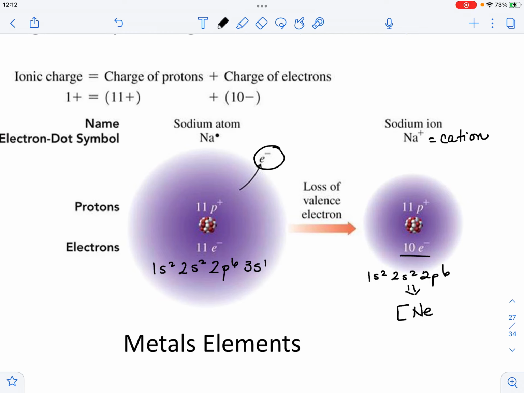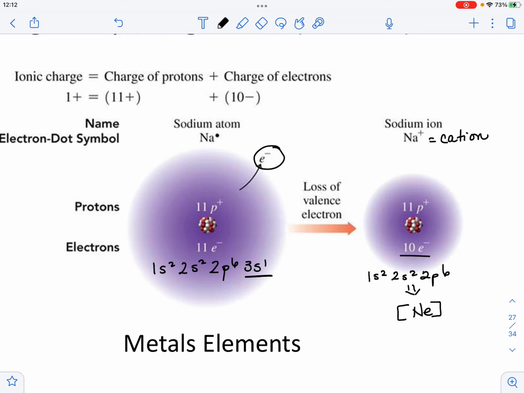So if we put the noble gas configuration, then we know, wait a minute, sodium lost its valence electron, because the 3s1 electron is in the outermost shell for sodium, and it became electronically a noble gas.